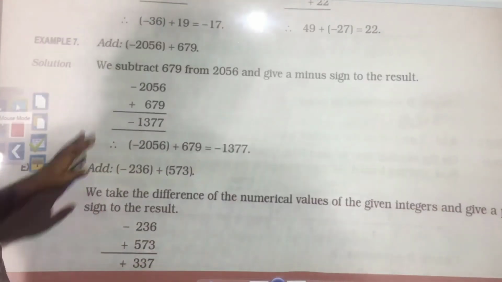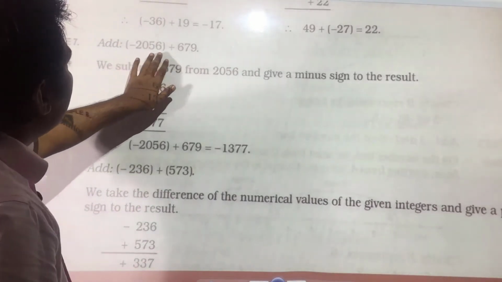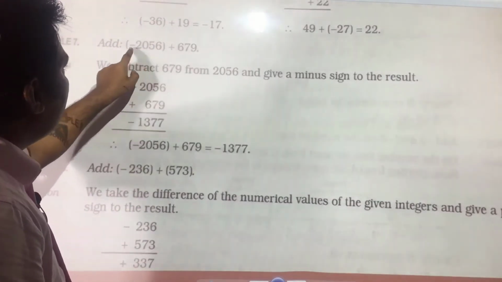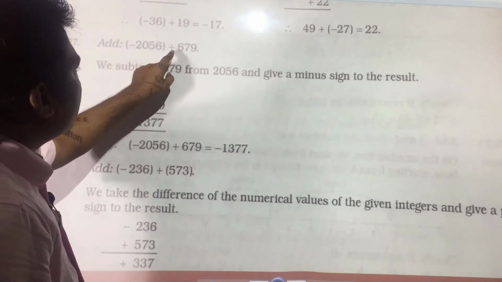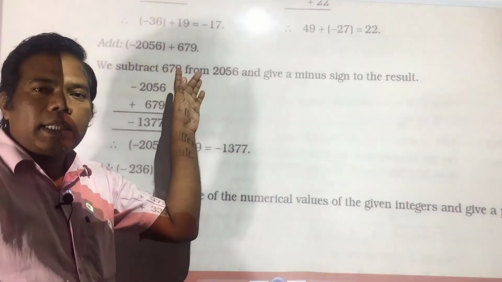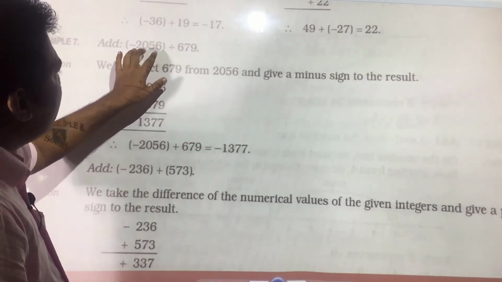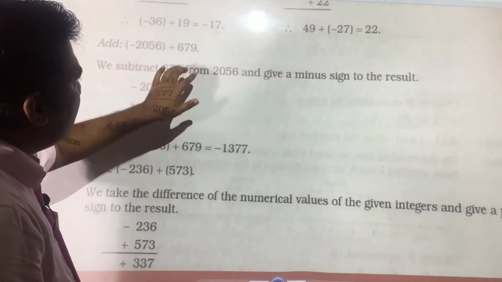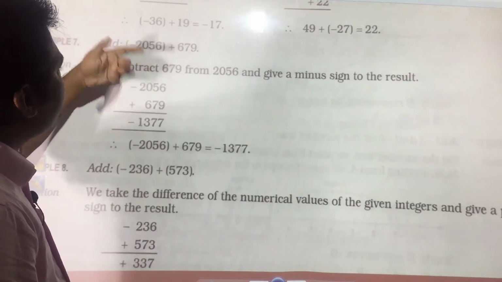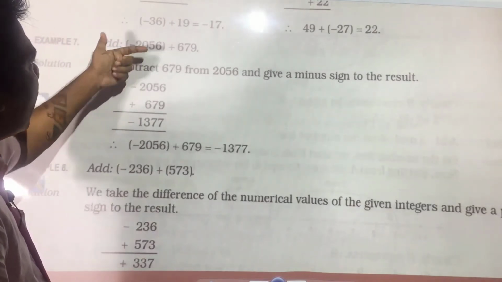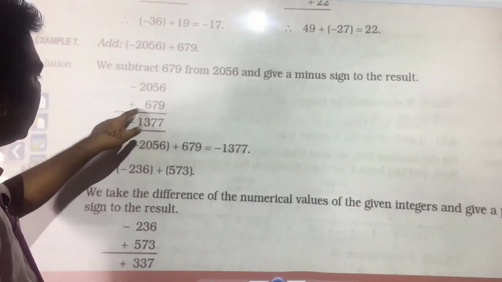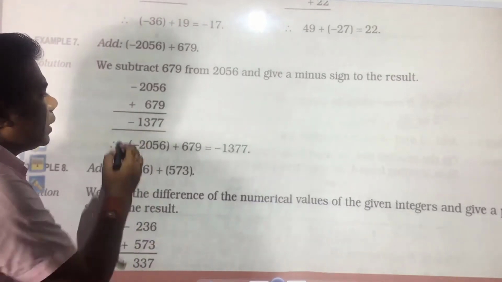Here you see, add minus 2056 plus 679, again a negative sign and a positive sign, two unlike signs are there. The smaller number is required to be subtracted from the greater number regardless of their sign, and then the sign needs to be seen. Which sign will we put?